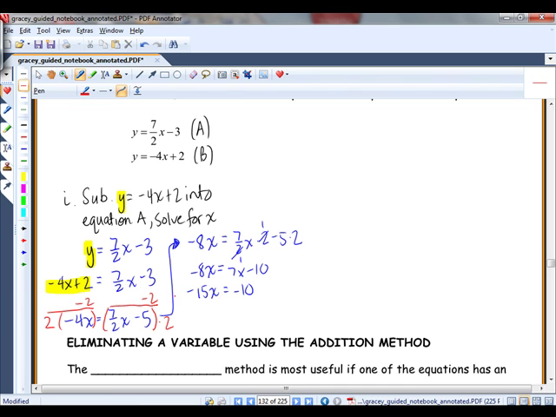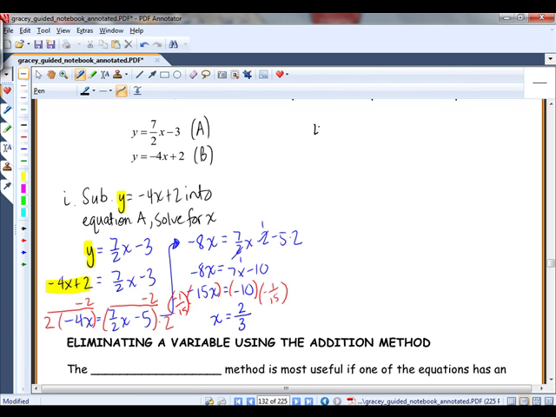And when I multiply both sides by negative 1/15, we will get x is equal to, let's see, 5 goes into 10 2 times and into 15 3 times, and a negative times a negative is positive. So x is 2/3.